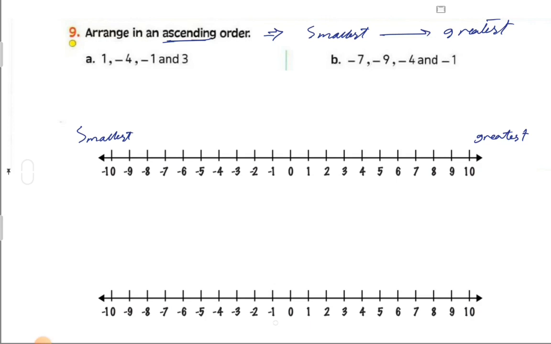So where are these integers on the number line? I have 1, negative 4, negative 1 and 3. Which integer is the smallest? Just negative 4, then negative 1, then 1 and last 3. I moved from the smallest to the greatest.